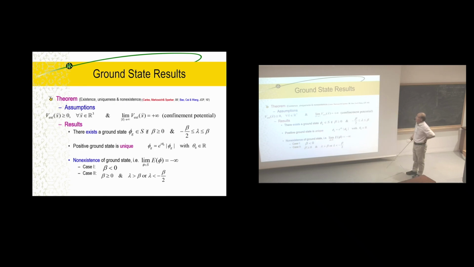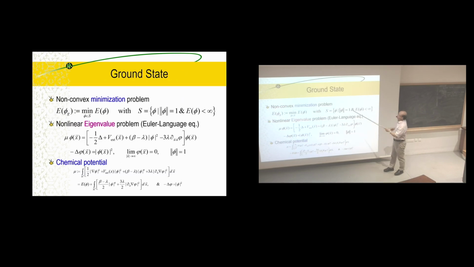Okay, there is some mathematical theory to show that if my potential V is bounded below and confining, that means V goes to infinity when x goes to the far field, this condition is such that this set S is compact, because here we have the L2 norm. With this confinement, we show that my phi, with L2 norm equal to 1, goes to 0 at the far field with some rate.